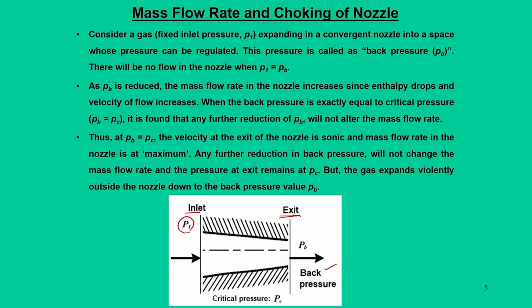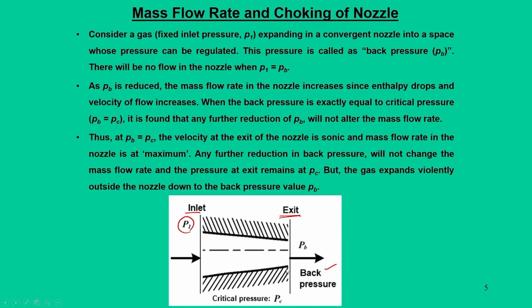Back pressure is the word we normally use: when the flow expands into a particular space, the pressure of that space is known as the back pressure. Of course, that back pressure can be regulated the way we want. So, by controlling this back pressure we can define what velocity we can achieve in this flow, or what will be the exit velocity at the minimum area in a convergent nozzle.